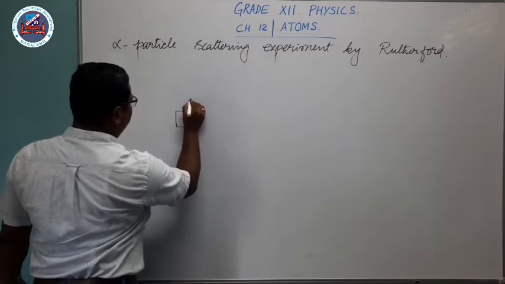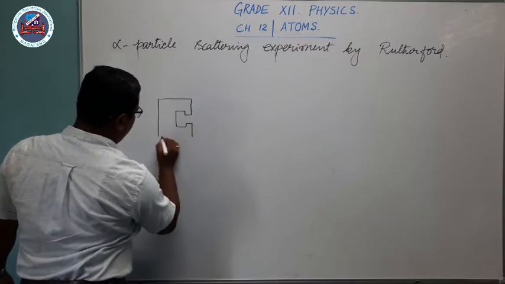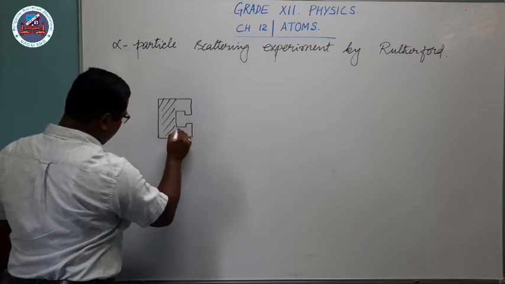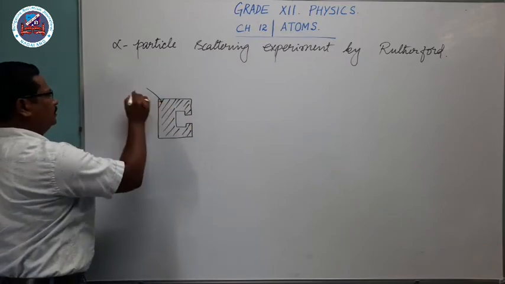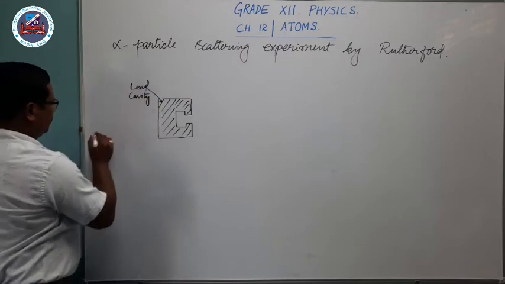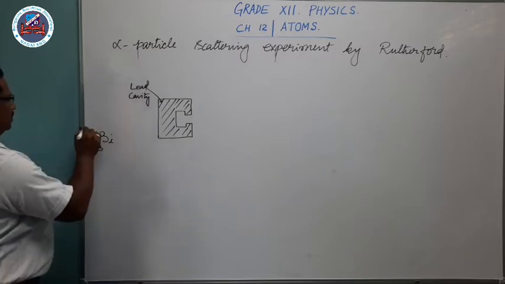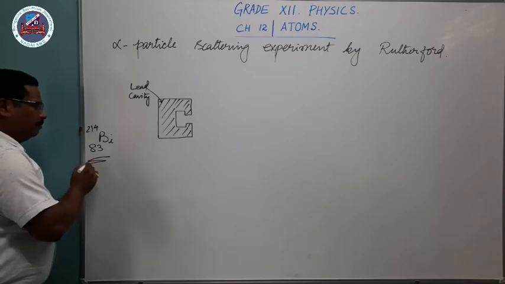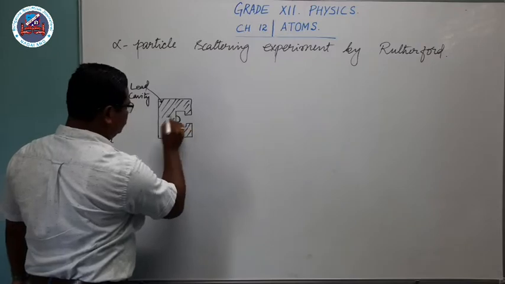A lead cavity, so that the harmful radiations that come out will not be spread in other directions. Bismuth, atomic number 83 and mass number around 214, was taken as the source of alpha particles. It was taken here as a source of alpha particles.